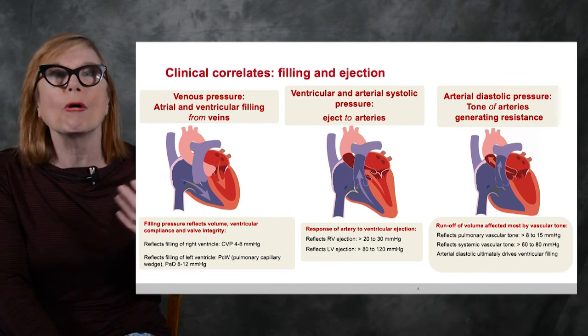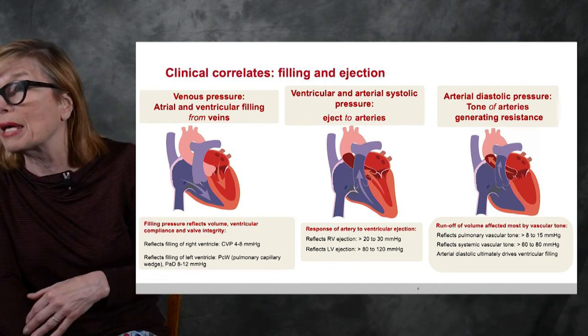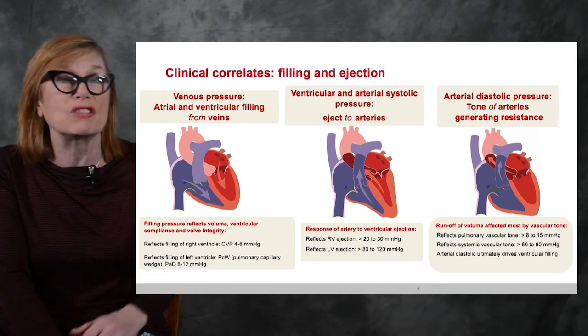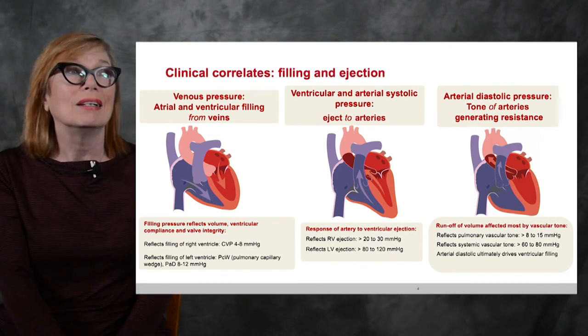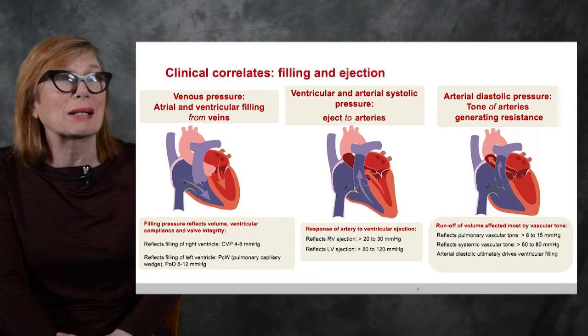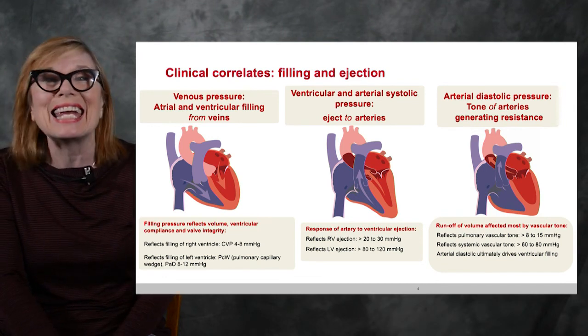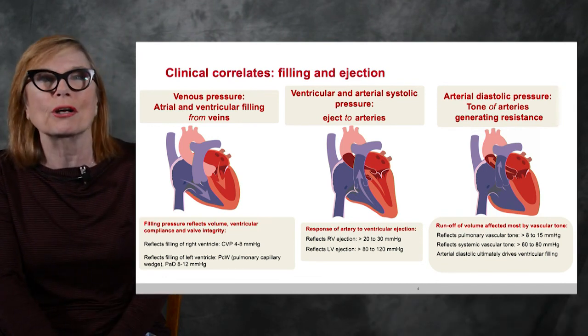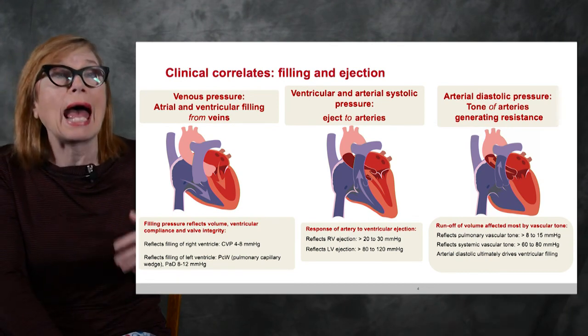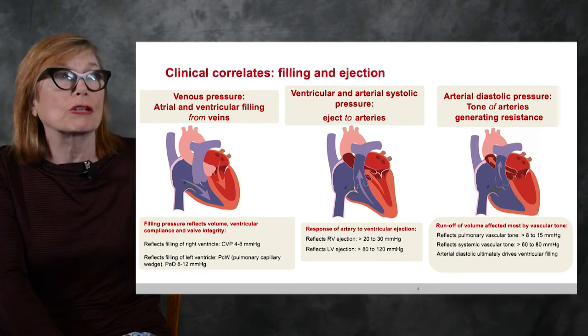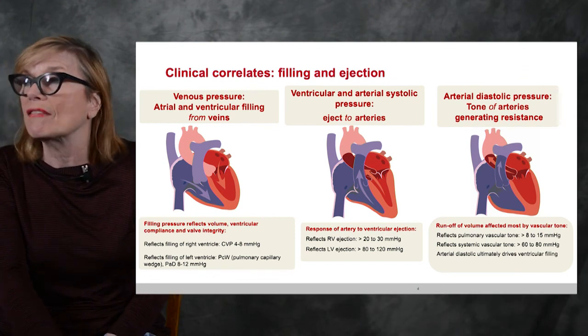So we look at our pulmonary vascular tone, that's the PA diastolic, normally 8 to 15 millimeters of mercury, and the systemic arterial tone, which is measured as systemic diastole, as 60 to 80 millimeters of mercury. And that diastolic tone is reflected and affected by ventricular ejection, but more significantly affected by vascular tone.